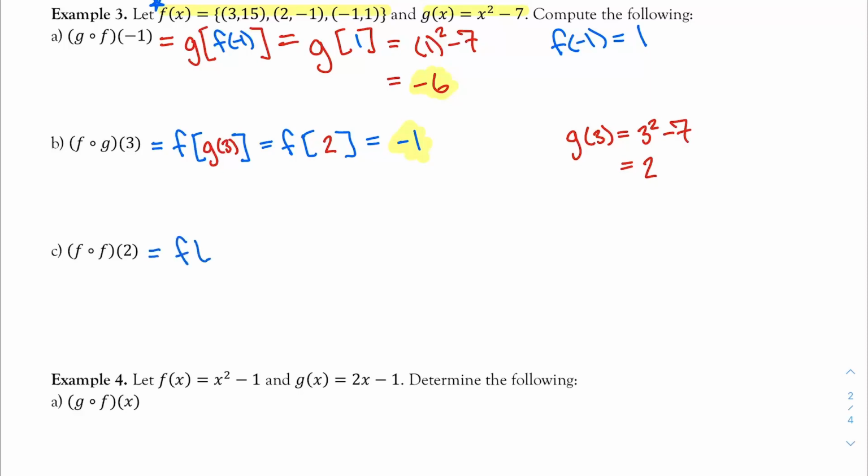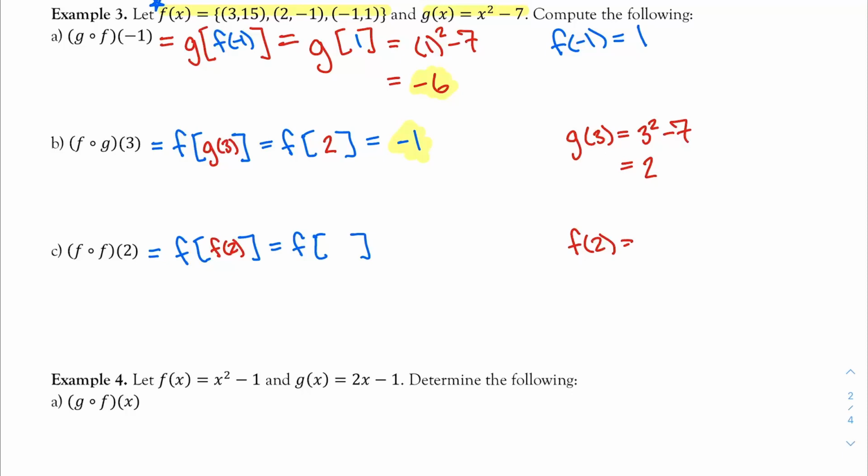For some extra practice, let's look at part C. Once again, I'll rewrite this as f of 2. If I work from the inside, I'll do this work on the side, f of 2. Remember that f of 2 is looking at my f function and saying, what y value do I get when x is positive 2?